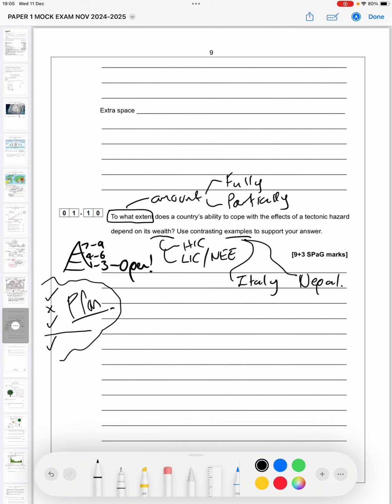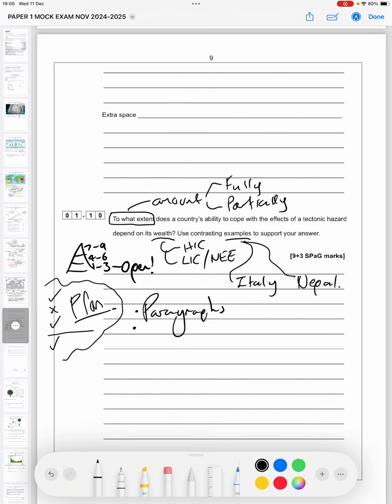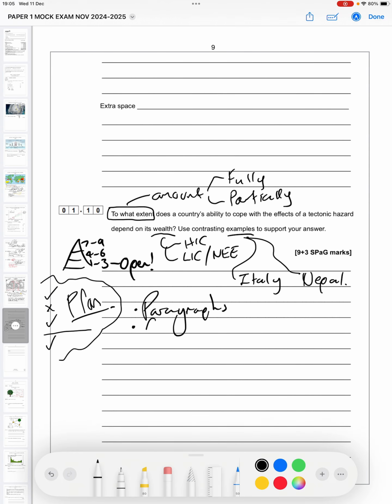Okay, as I say, I'm not here to fully reteach the content to you. That's up for your teachers. But a couple of top tips on questions like this for your exam, from an examiner to you. Use paragraphs. Okay. It makes it easier for your examiner. And you want it to be easy for your examiner. Put in a conclusion or some kind of summary.